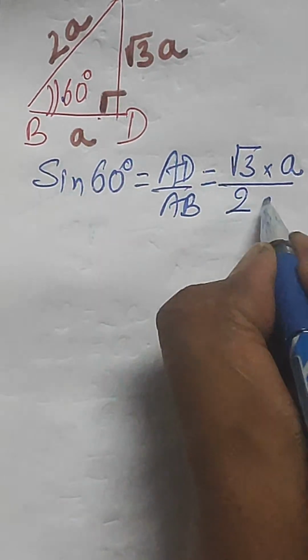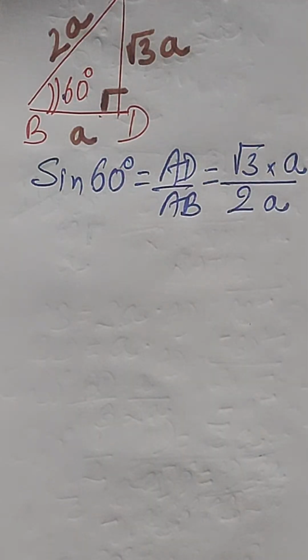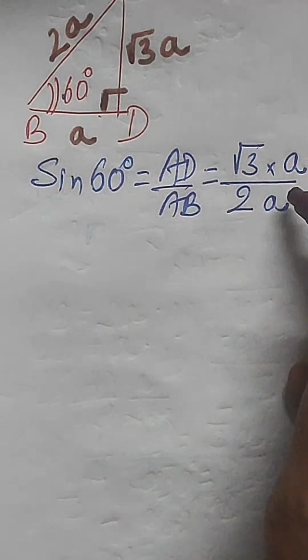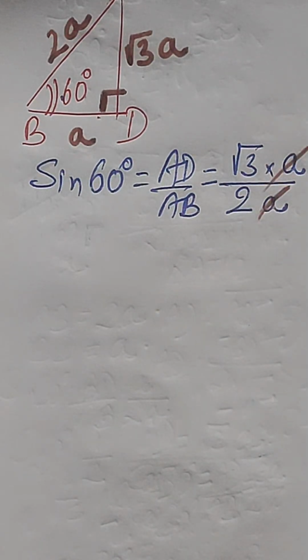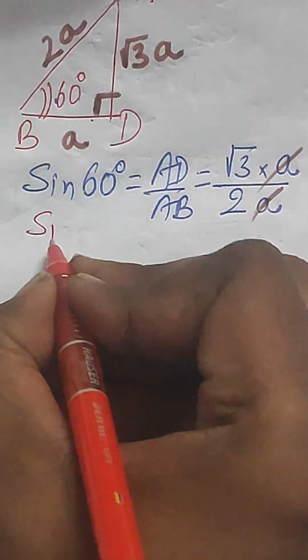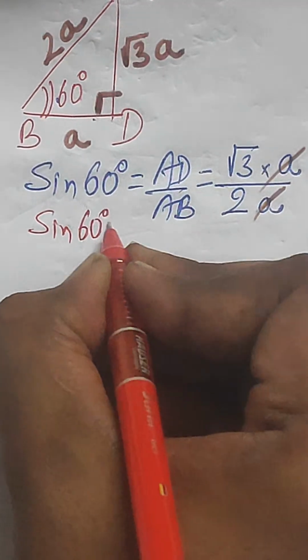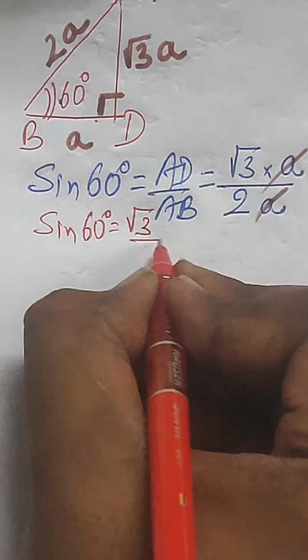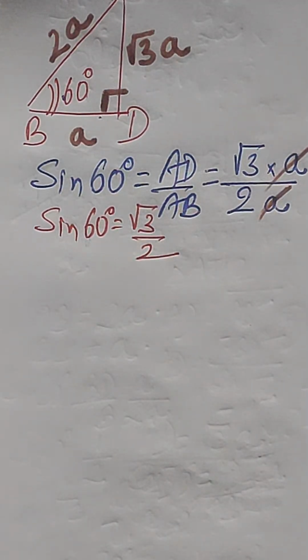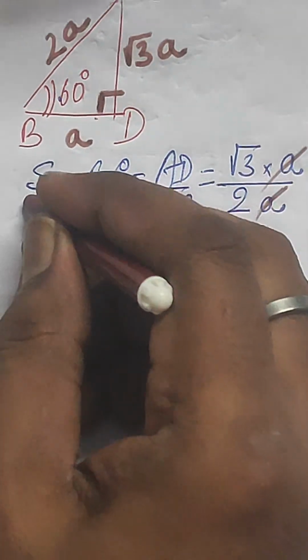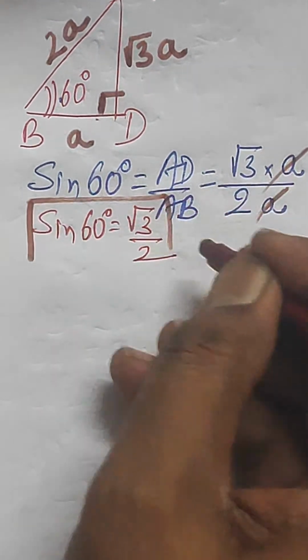It is 2A. So here A and A will be cancelled out, and we get the value of sine 60 degree as root 3 by 2. Great, we also calculated the value of sine 60 degree.